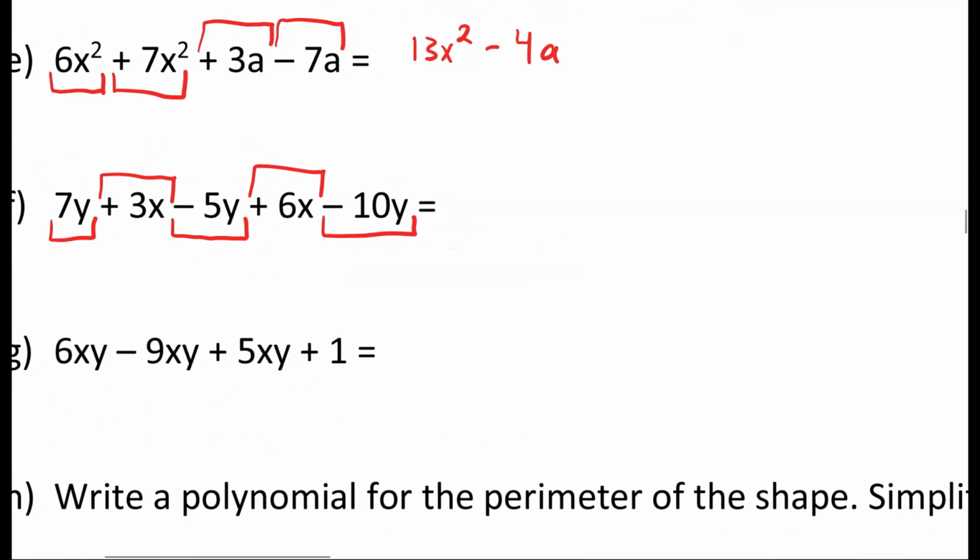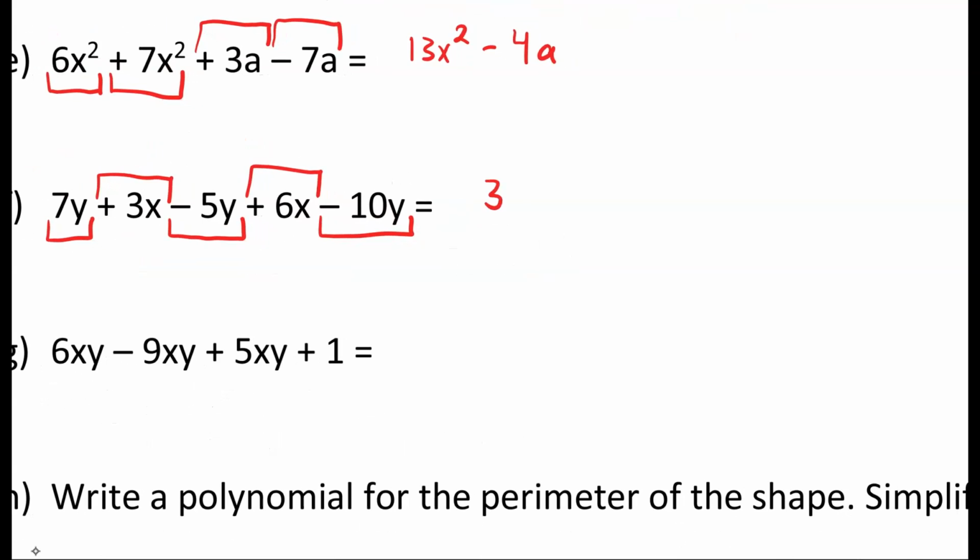So I'm going to write this out on the side with 3x plus 6x. Then I have my y, so I'm going to have plus 7y subtract 5y subtract 10y. First part I'm looking at is my x's and combining them together.